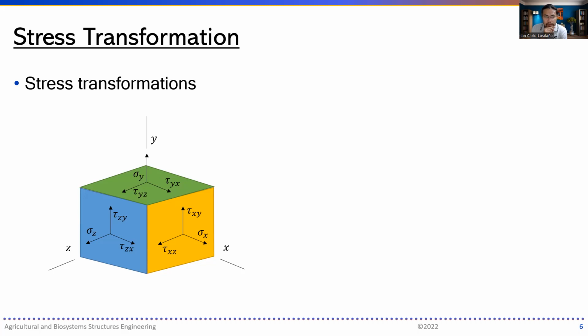Here we have a three-dimensional body that has stresses along all three dimensions of the Cartesian coordinate system, in both normal stress and shear stress. So this side is going to experience a stress along this dimension, this one along that dimension, and you have, expectedly, an equivalent opposite stress along this dimension. We try to simplify this.